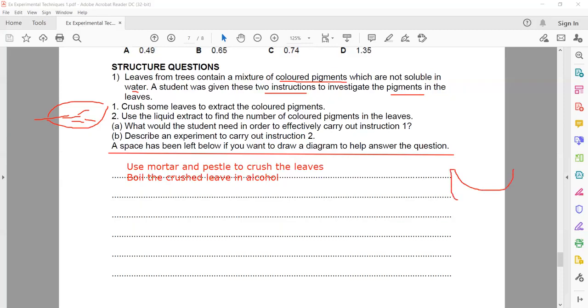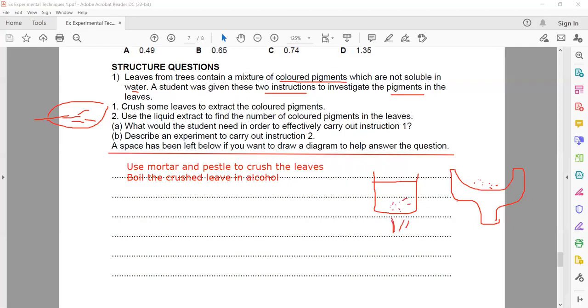That filtering will be the third part. So this is the mortar and pestle. When we crush the leaves, we have these crushed leaves. After that, we can use alcohol as a solvent, add these leaves and heat, boil.